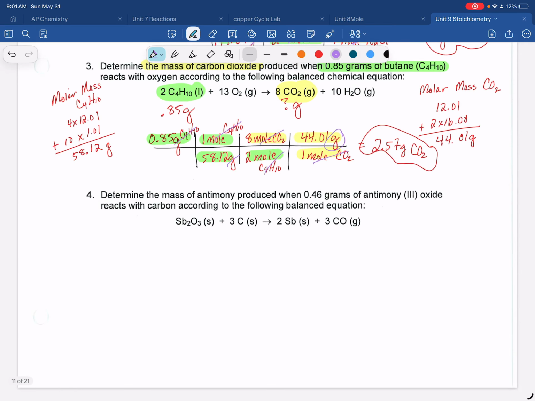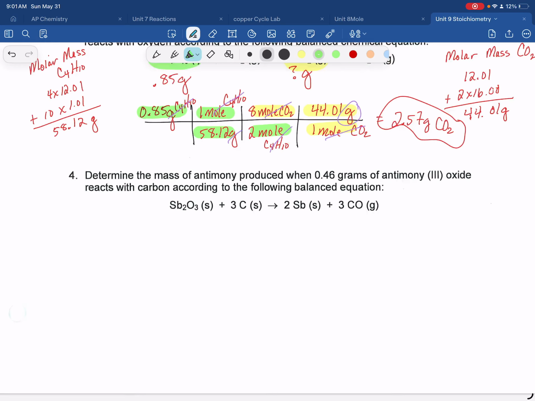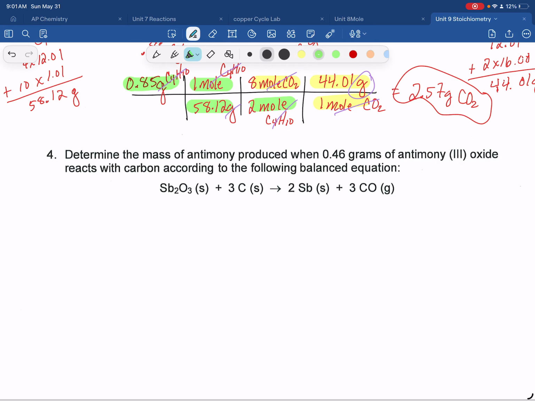One last time, and then you try it on your own. Determine the mass of antimony produced when 0.46 grams of antimony 3 oxide reacts with carbon according to the following equation. So we want to know the mass of antimony produced, and we're starting with 0.46 grams of antimony 3 oxide.